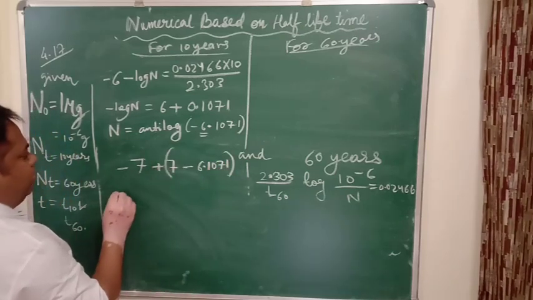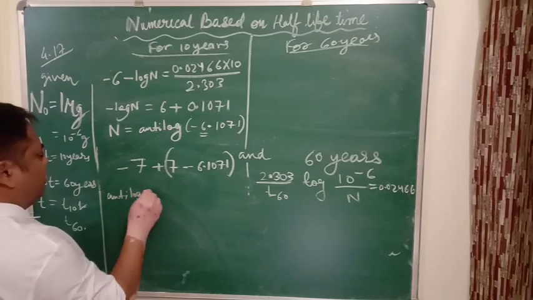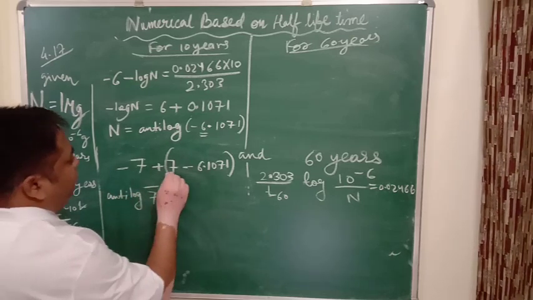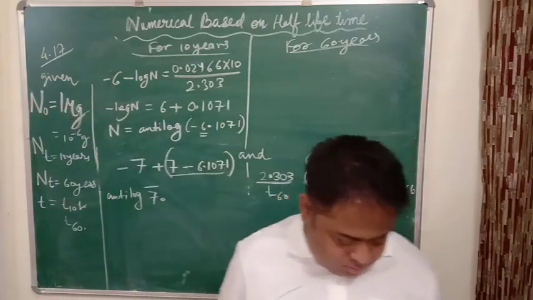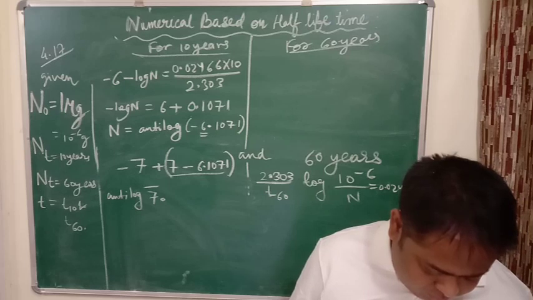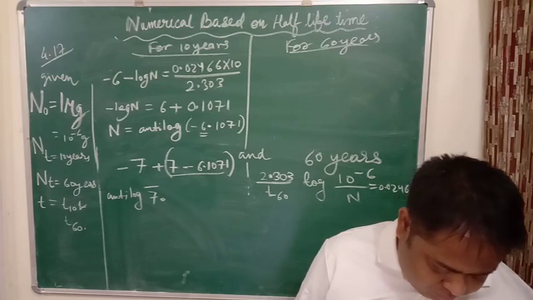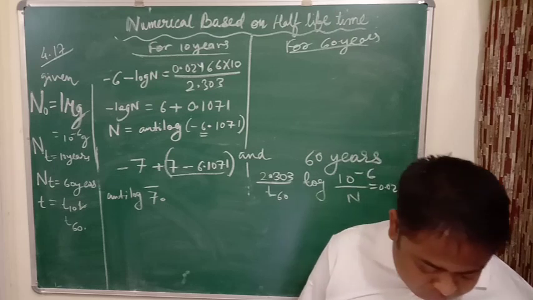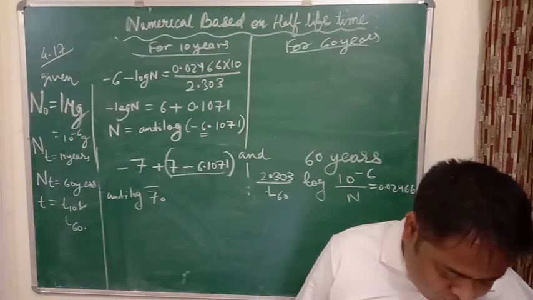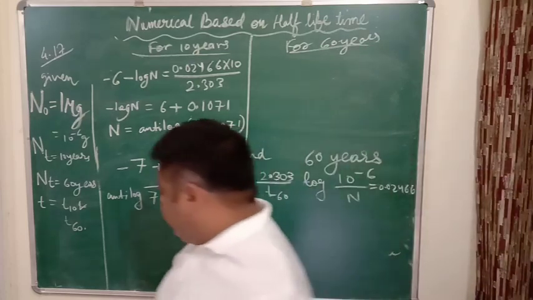So this will be nt log 7 bar point, the value of this much we will find out. Point 8929.